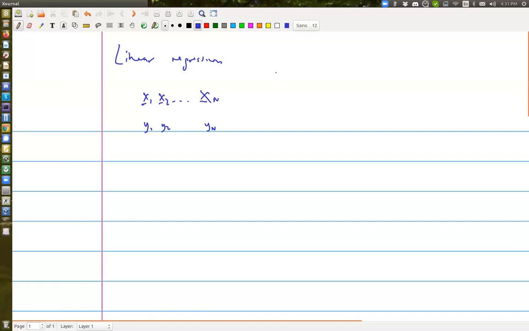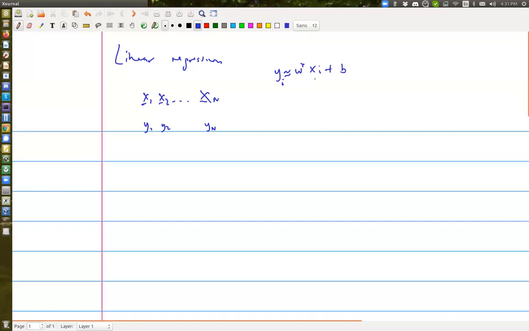So we want yi to be approximately W transpose xi plus some bias. W is just the parameters.